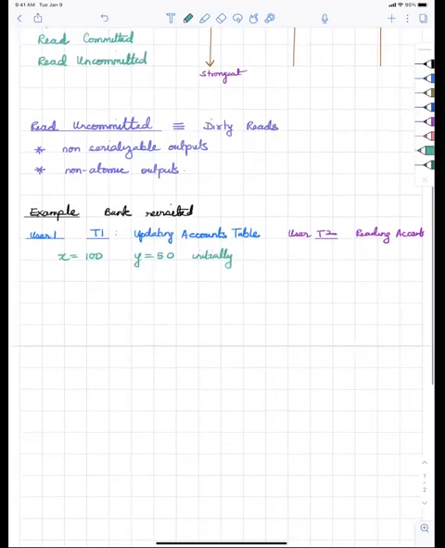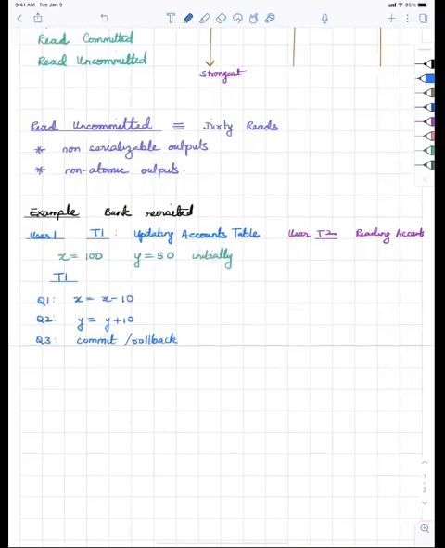We'll just move $10. T1 is the update one. Query Q1 is X equals X minus 10. Q2 is Y equals Y plus 10. And then Q3 is either a commit or a rollback. For now, we'll initially look at commits. That's transaction T1.